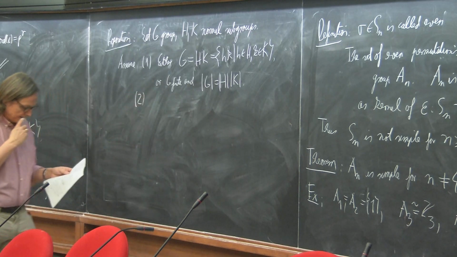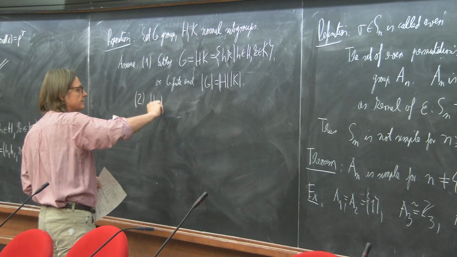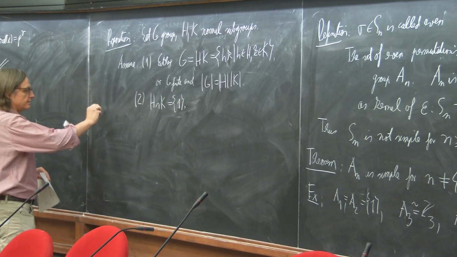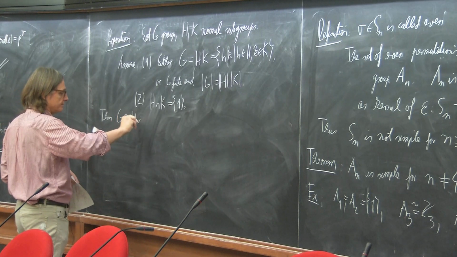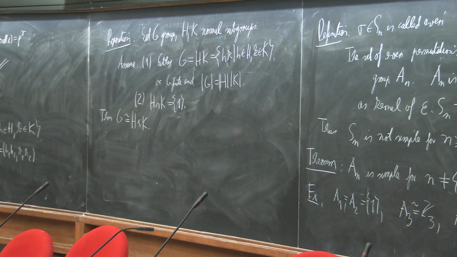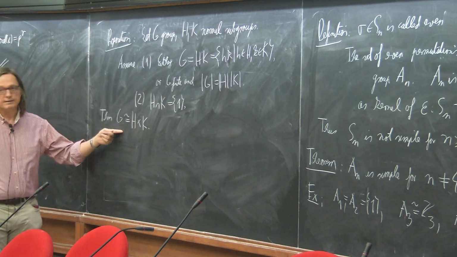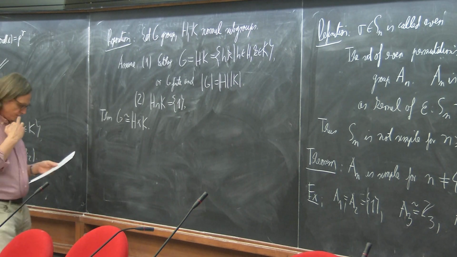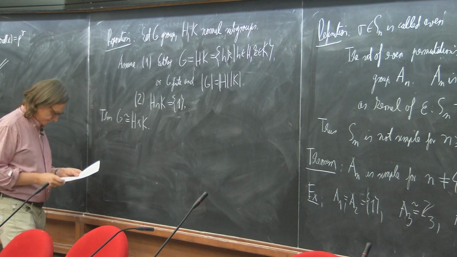And the second one is that H and K intersect only trivially, so the intersection consists only of the neutral element. Then G is isomorphic to H times K. So if you have two normal subgroups which have, for instance, the correct number of elements and intersect trivially, then G must be isomorphic to the product of them.